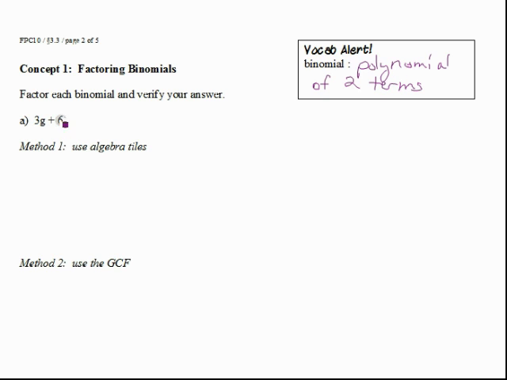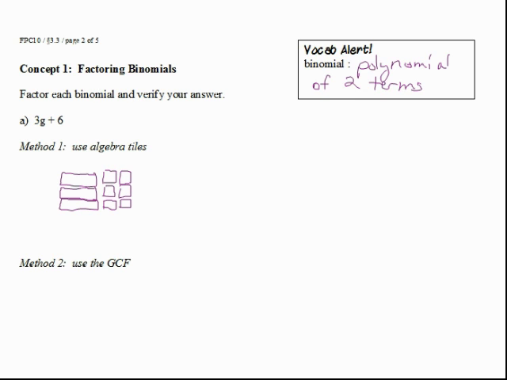binomials. So using algebra tiles, we have 3 g tiles, which look just like x tiles, and 6 ones. So you need to play around with these until you get them in a rectangle. I'm just going to draw it out for you because I can't show you moving them around.